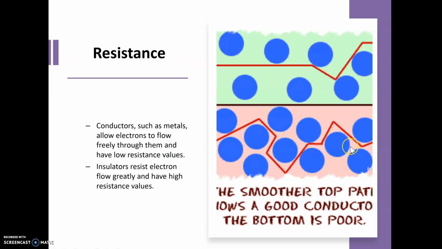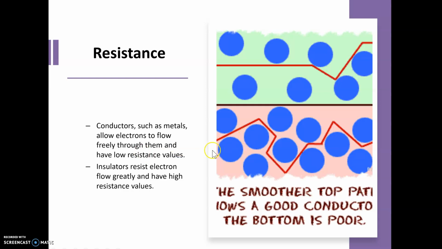Resistance, again: conductors such as metals allow electrons to flow freely through them and therefore have low resistance values. There are different types of metals, and some allow electrons to flow more freely than others, but in general, conductors have low resistance values.